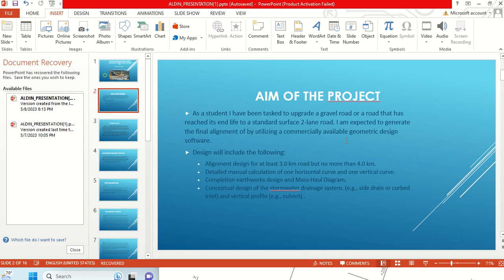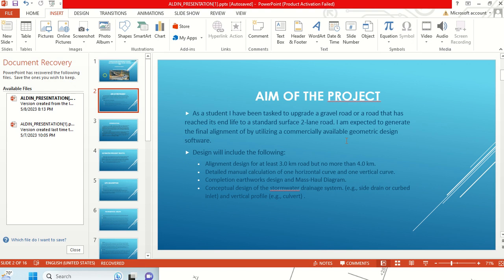I am expected to generate the final alignment by utilizing commercially available geometric design software like Civil Designer and AutoCAD. For this project, I've opted to use Civil Designer, a student version.